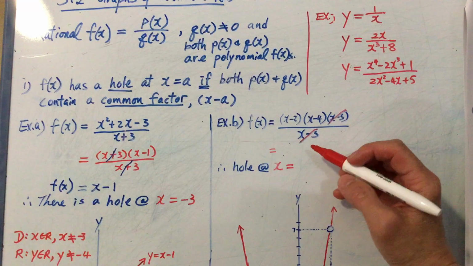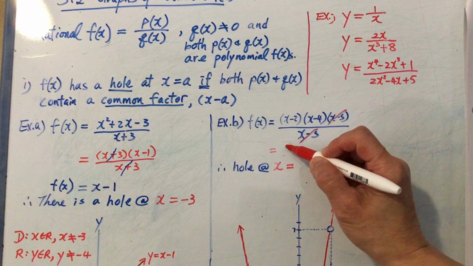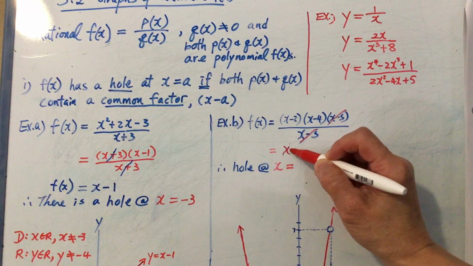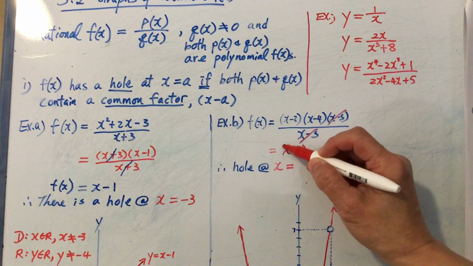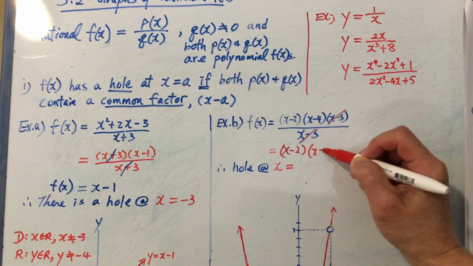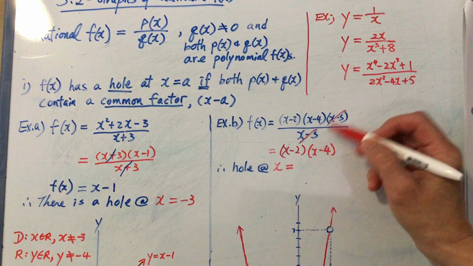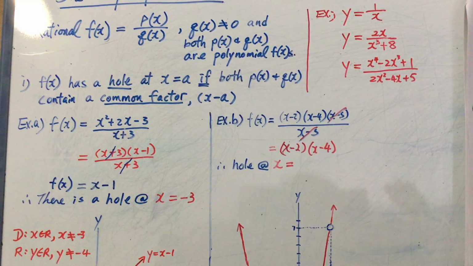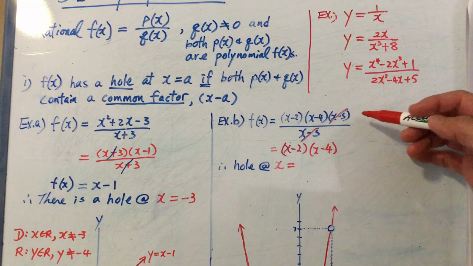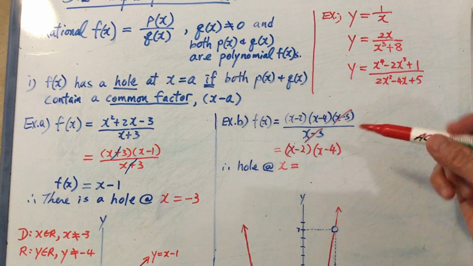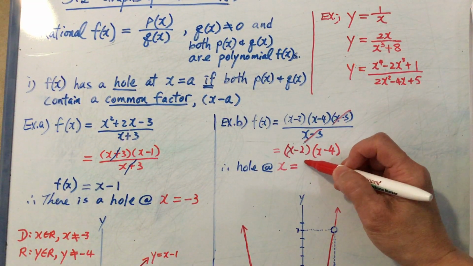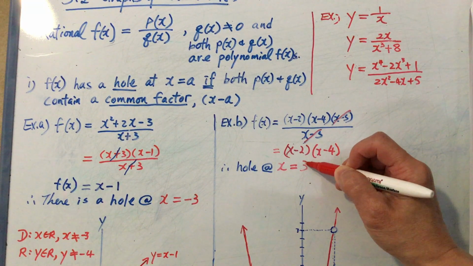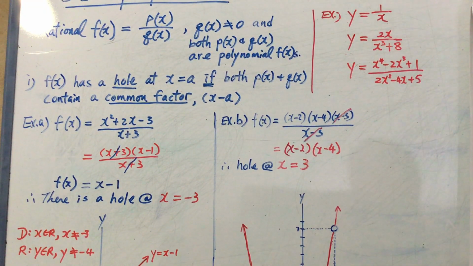So what this equation will end up to be is just x minus 2 and x minus 4, because after we reduce the x minus 3, the x minus 3 is no longer there. So at the end, we know that there will be a hole at, because x minus 3 is in the form of x minus a, then x must be equal to 3. So the hole is happening when x is equal to 3.